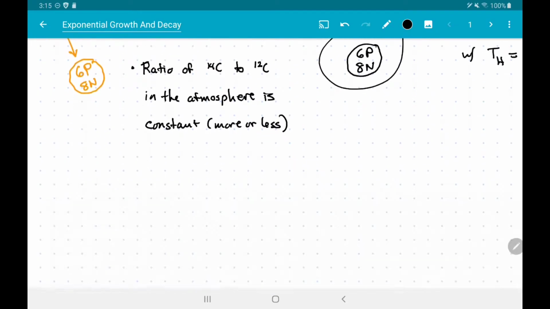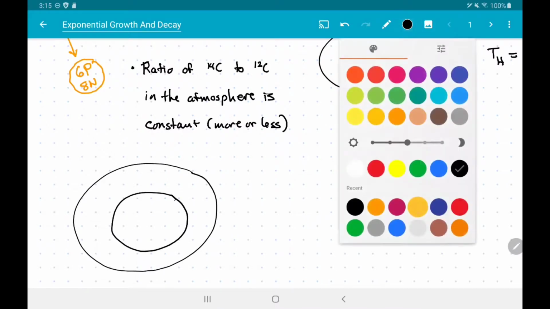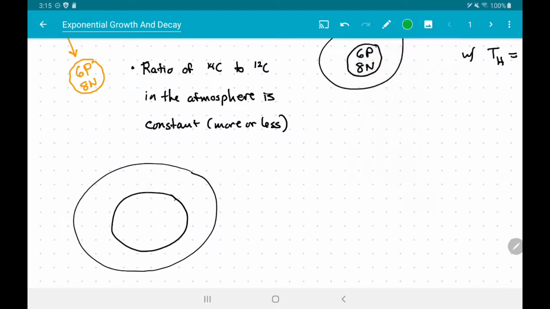Now, given that there's this equilibrium ratio of carbon-14 to carbon-12 in the atmosphere, well, green plants, of course, let me draw a little tree here, bring carbon from the atmosphere in. They take in carbon dioxide and incorporate it into sugar and other elements of the organism structure.